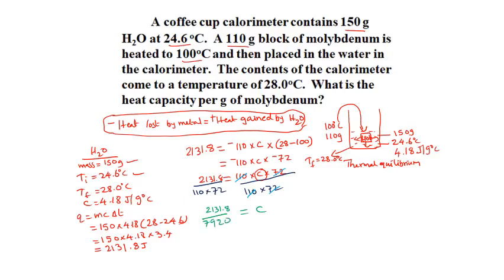So that is 2131.8 divided by 7920, that equals 0.269 joules per gram degree Celsius.